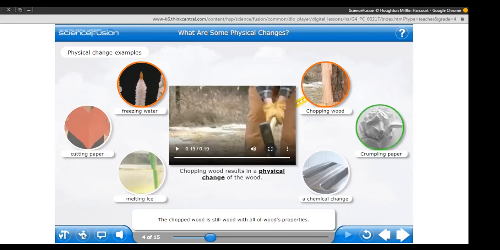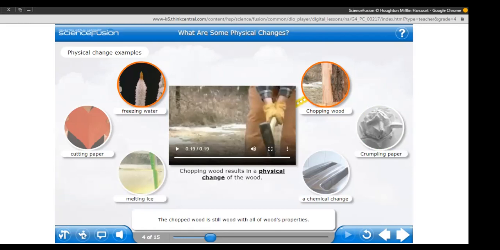After chopping, will this wood change to be another material? It will not be the same. If you cut it, it will not change. That's right. If the material is still itself, it's only a physical change. Thank you, Ahmed.